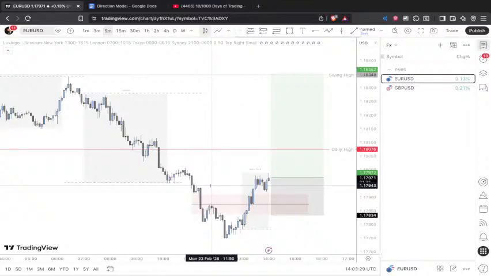Accumulation is where institutions are quietly building positions. Rather than entering big orders at once, they are slowly putting in money over time. There are characteristics you can see if this is happening. For example, price can look choppy. You can have overlapping candles, wicks on both sides, equal highs, equal lows, false breakouts, repeated sweeps, range holds, all those types of things.